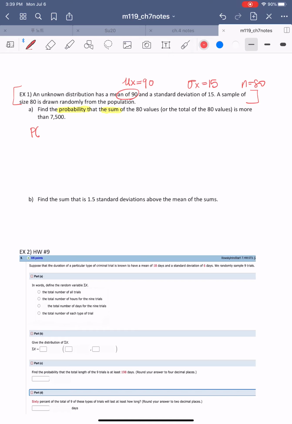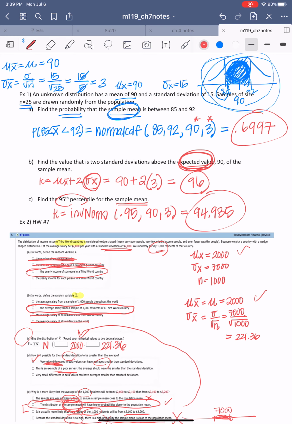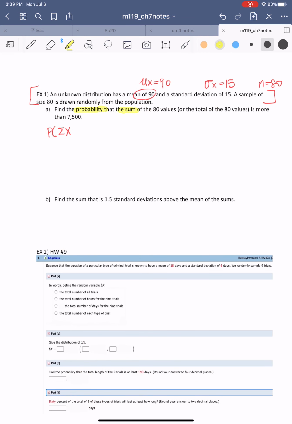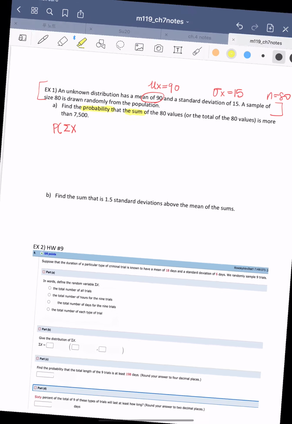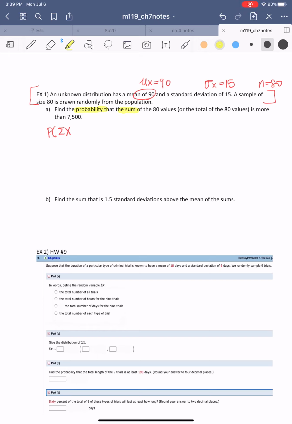Notice earlier you saw the word mean, so I used the mean variable. Now you see the sum, so I use a sum variable. So be careful when you're reading the question, because the problem will not tell you, oh, this is central limit theorem number 1 or number 2. You have to decide. And what are you looking for? You're looking for the keyword, either sum or mean.